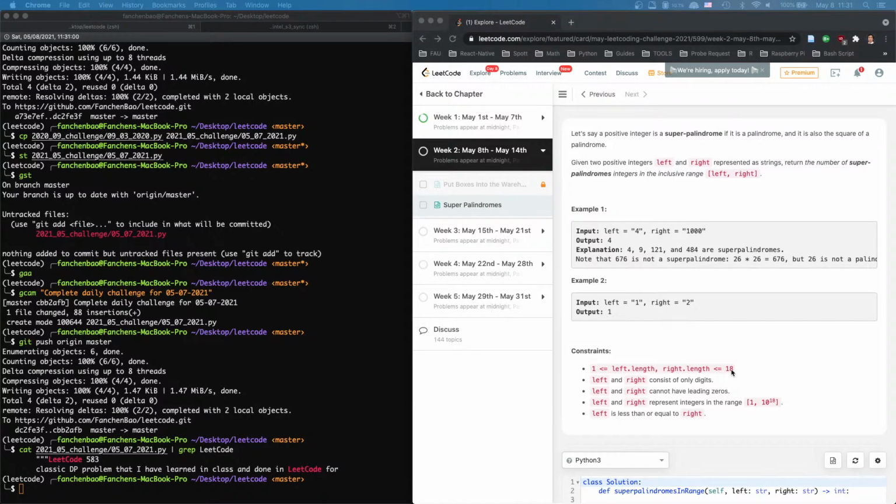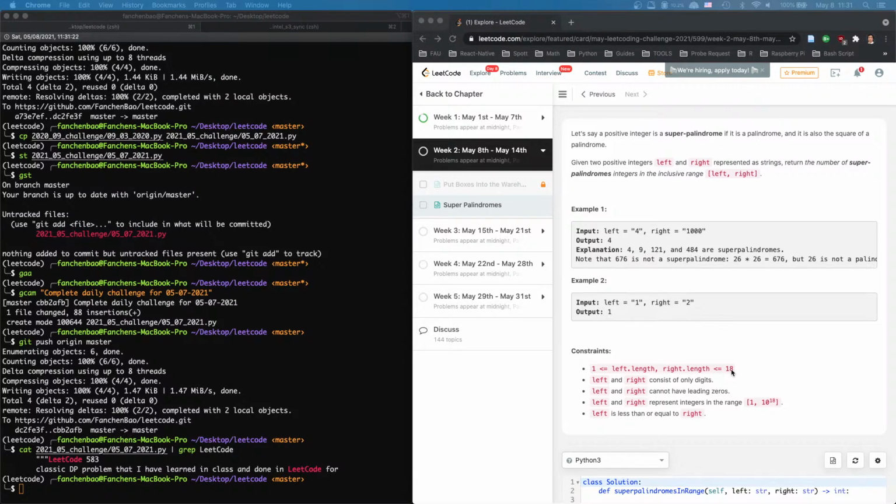We can square root them, right? So we're looking at 10 to the 18th as the largest, and we square root that as 10 to the 9th.